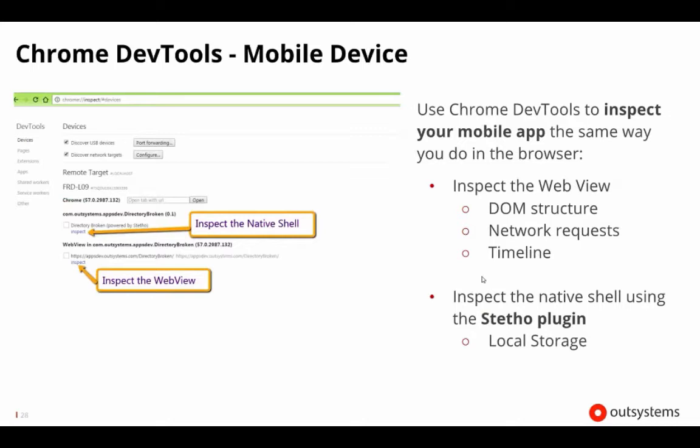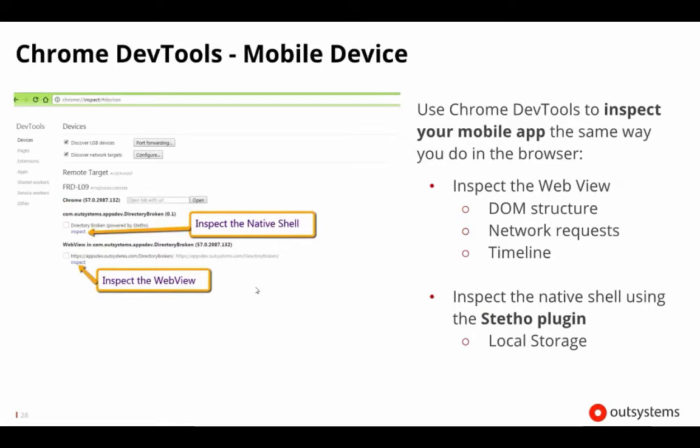And then if you have it set up in the right way, you will see, if you go to the Chrome //inspect tab, your device will be here, and you will see at least this entry for your app. Now, this entry relates to the web view, which is what is running your OutSystems code.